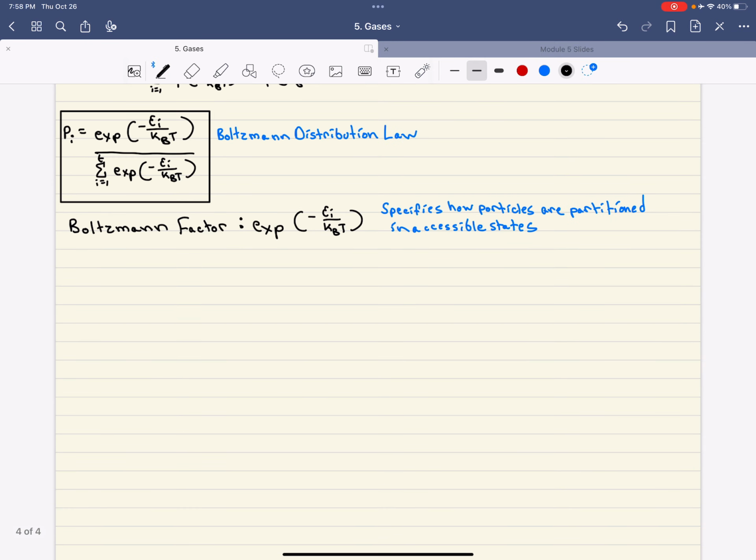Now, the denominator here, we have the summation. This denominator has a very special name. It's known as the individual particle partition function, and we typically abbreviate it as lowercase q. So lowercase q is just the summation of our different Boltzmann factors.